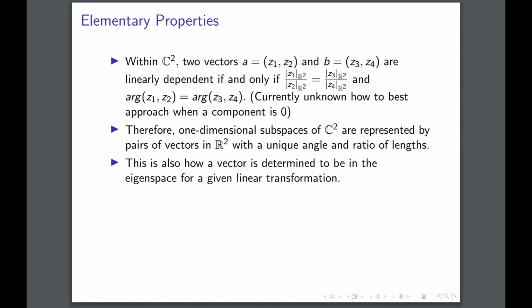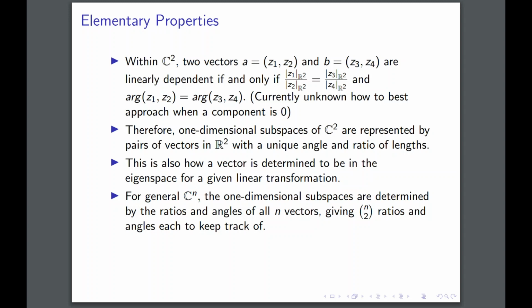And all of this follows from how we multiply a complex vector by a complex scalar, because the scalar goes into each component and the scalar rotates each component by the same amount angle-wise, scales each the same lengthwise, and so this is where the result comes from.